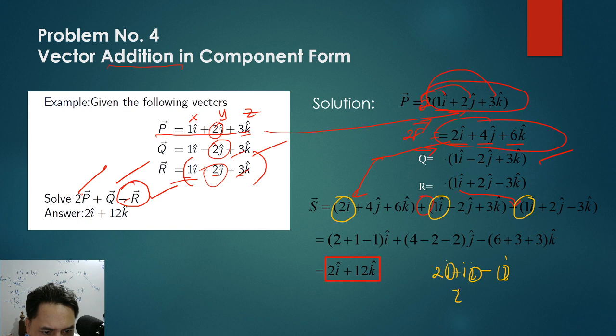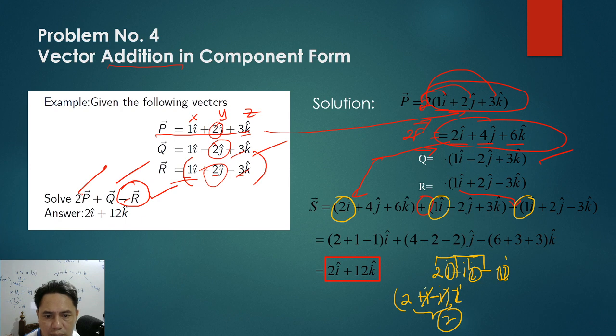So I'll take out the i and add the following. Distributive, right? So 2 plus 1 minus 1 i. So this is the i: 2 plus 1 minus 1. So it is just becoming 2. Okay? Now here, we go to the j component.